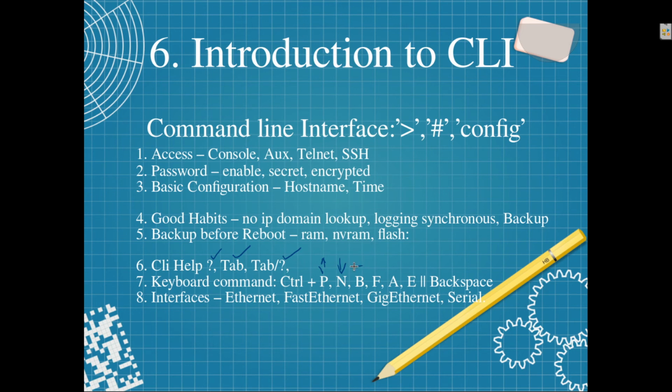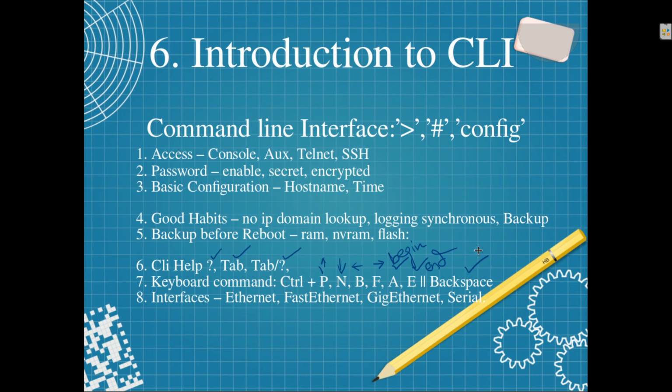For backward, the left arrow, and then the right arrow for forward. Control A and E: E for the end of the cursor, A for the beginning. Clear? And backspace if you want to delete. Helpful?